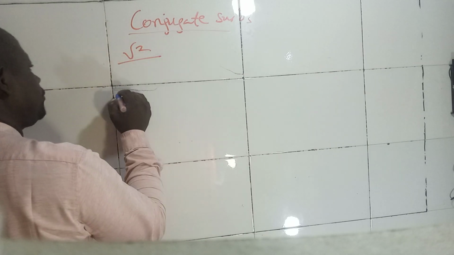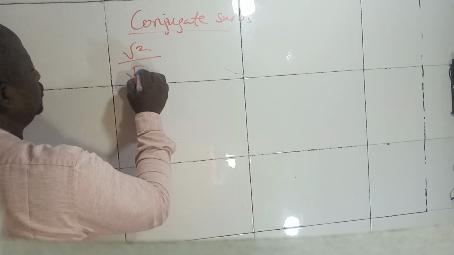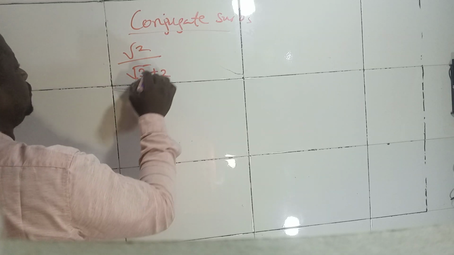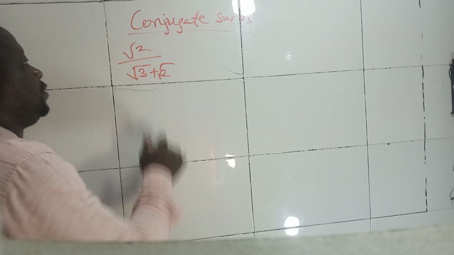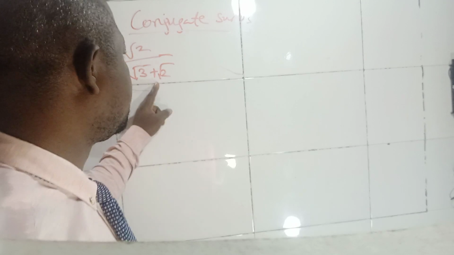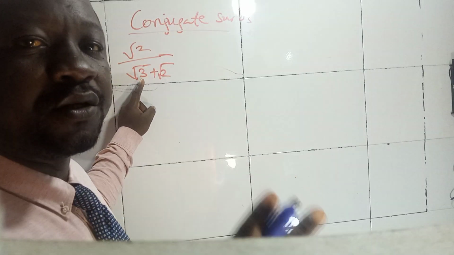So today, let's say we have root 2 all over root 3 plus root 2. If you look at the denominator, we don't have just one surd.